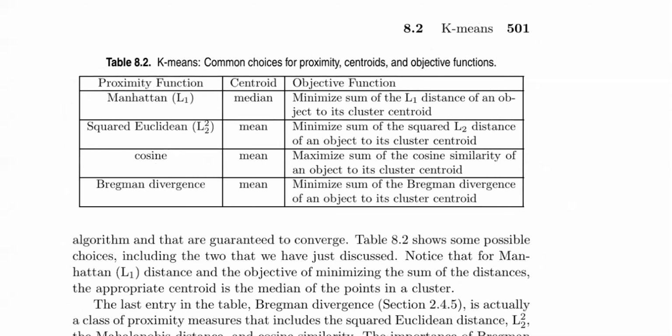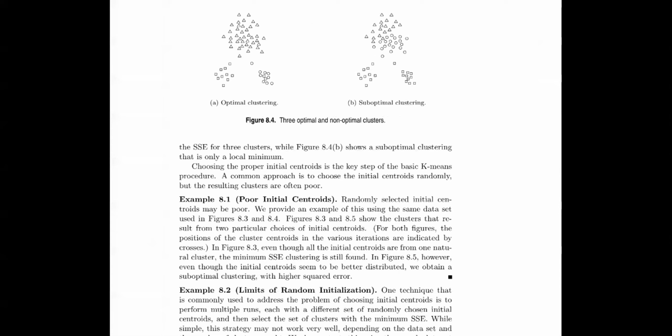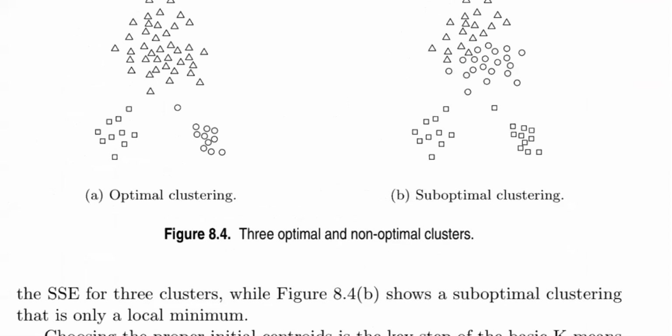Now I will show the diagrams related to optimal and suboptimal clustering. In optimal clustering, we use three clusters: the triangles form one cluster, the squares another, and the circles another. That is optimal clustering.